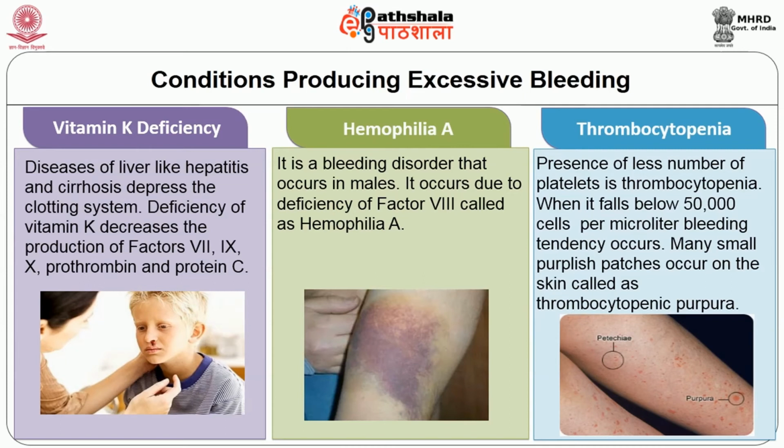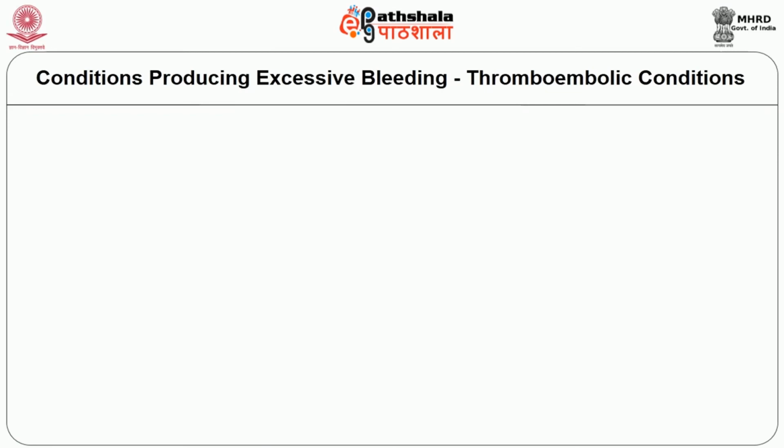You can see many small purplish patches over the skin, called thrombocytopenic purpura or purpuric spots. Bleeding here is treated by giving fresh blood transfusions, or concentrates of platelets, or by splenectomy, which is removal of the spleen. So, we have seen the disorders that produce excessive bleeding.